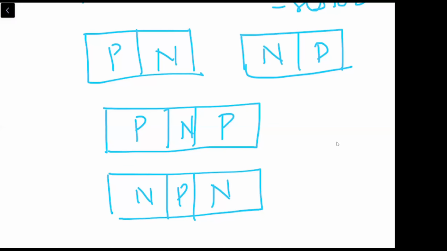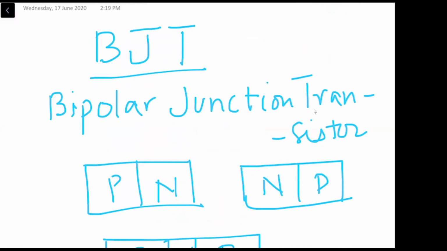Some people have joined just now, so let me repeat it. Okay ji, so today's topic is bipolar junction transistor. As you remember, in case of a diode, we had a flow due to the free electrons. Free electrons are always in the conduction band, and there is a flow due to the holes. The holes are in the valence band.